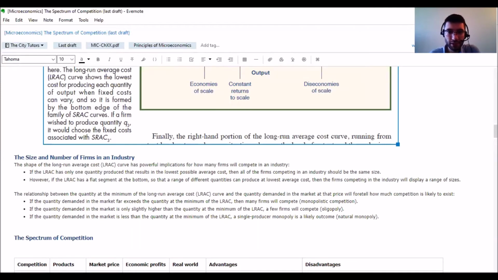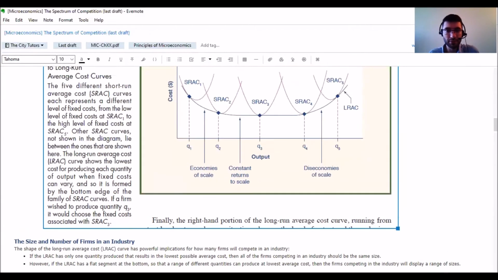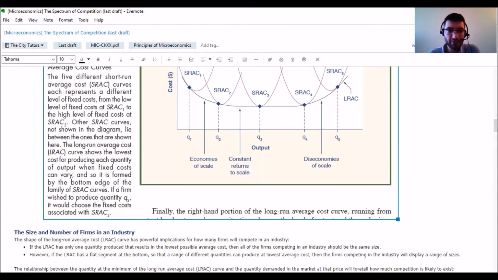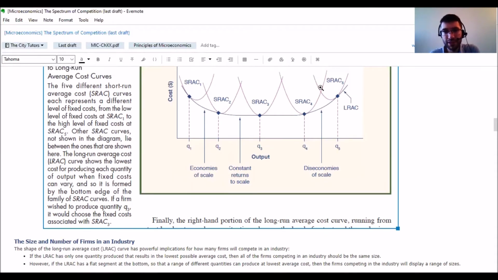So the shape will actually determine the size of the firms competing in the same industry. A curve like this might mean that the companies will have very different sizes, although they will be able to compete. But if the curve is something like a V shape, then there is only one optimal amount of production, and that will be the minimum of the average cost.